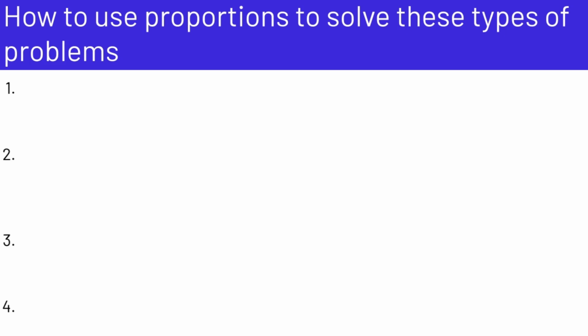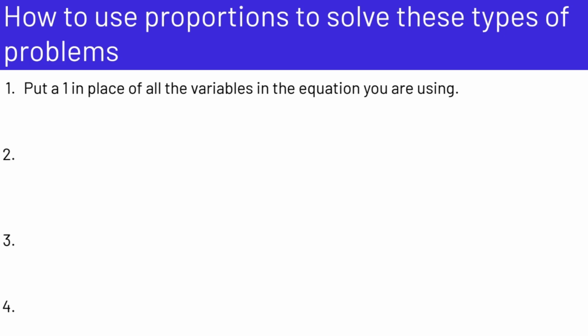All right, let's look at how to use proportions to solve these types of problems. Step 1 is to put a 1 in place of all the variables in the equation we are using. Let's look at the force of gravity. F is equal to big G, mass 1, mass 2 over distance squared.